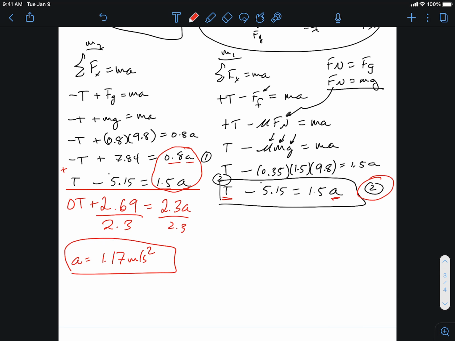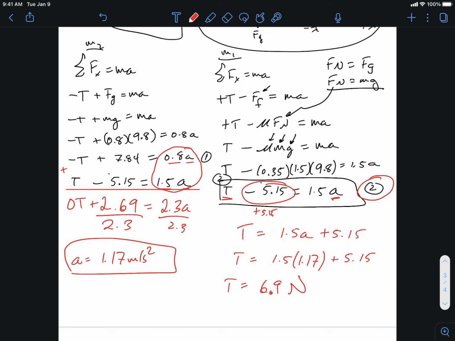So tension is equal to 1.5a, and I'm just going to bring this over by the zero pair: 1.5a plus 5.15. So tension is 1.5 times 1.17. If you do the math on that, you should get 6.9 newtons. So that's the tension in the string.